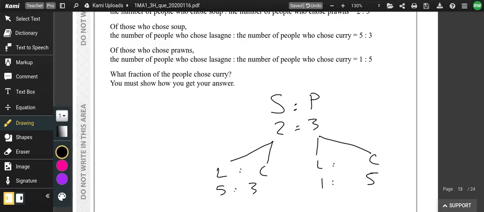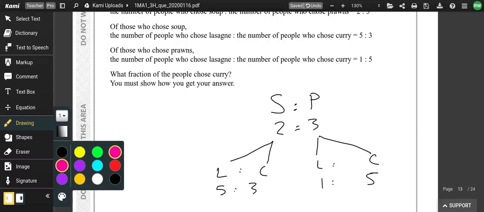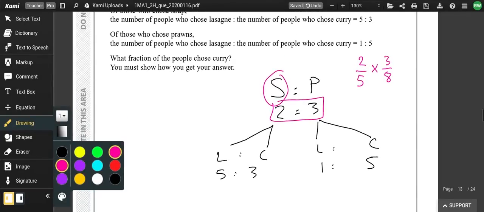So remember, with ratios, what we can do is say the number of people who chose soup initially was 2/5, because we add those ratios together. And then of those, 3 out of 8 chose curry. So we're going to multiply that by 3 over 8 to give us the proportion of people who chose soup first and then curry.